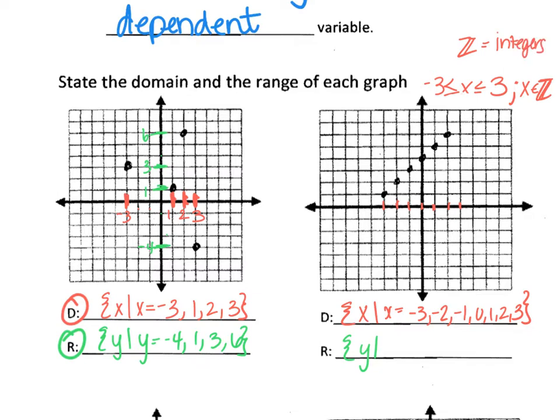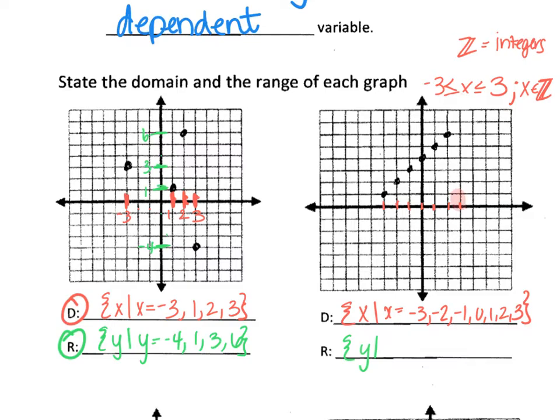So if we wrote the inequality and said it's included in the integer set, then that would work because that's only -3, -2, -1, 0, 1, 2, and 3. Oh, you're right, I'm sorry.